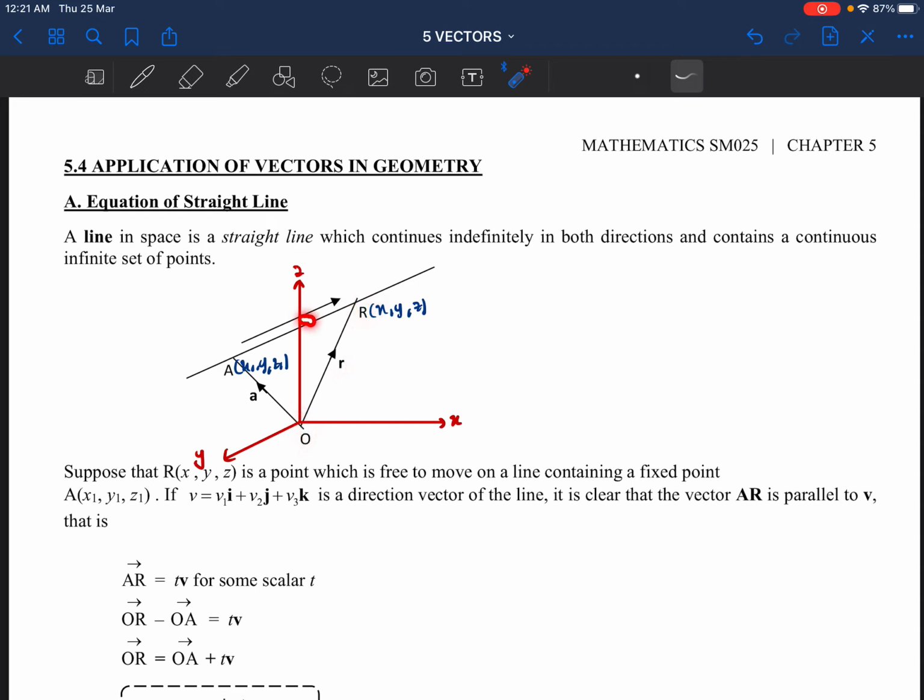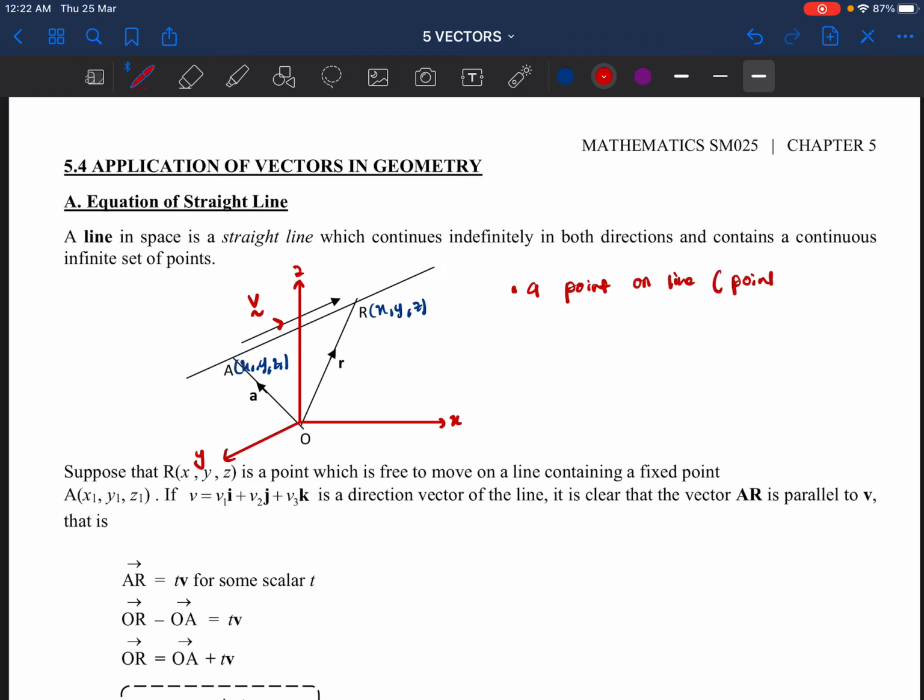So, ini apa pula? Ini ialah kamu punya direction vector AR lah. So, apa yang kita kena tahu, direction vector AR is parallel to direction vector V. Okay, so ada dua benda yang kita kena tahu. First kali is a point on line ialah point A kita.